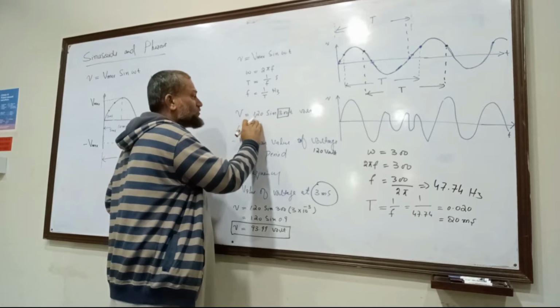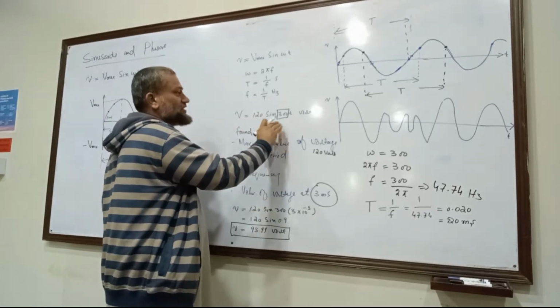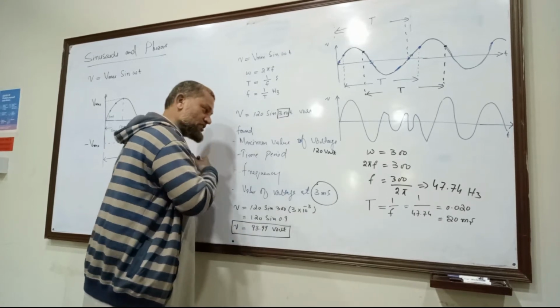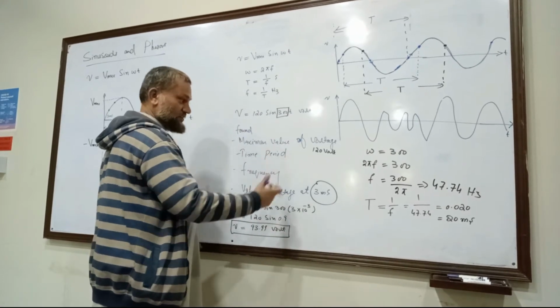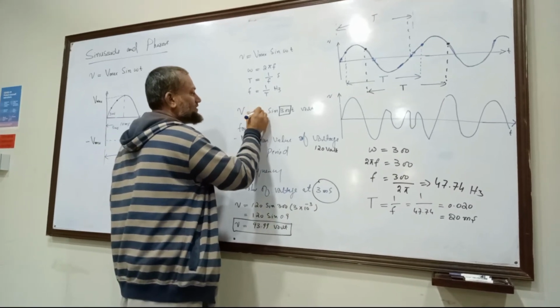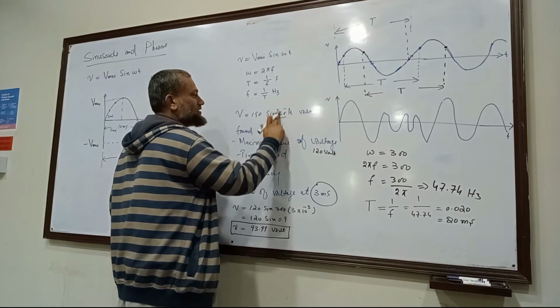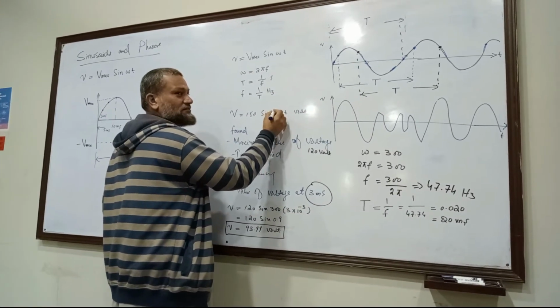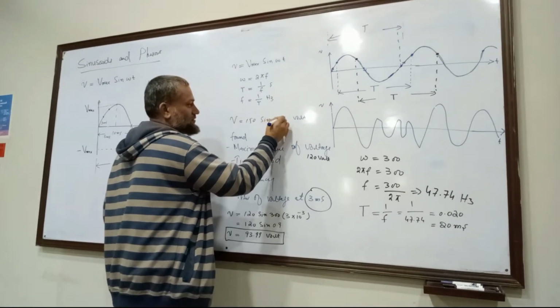I just took 120 for Vmax and 300 for omega, and I just say, calculate the values for these. If you change this to, for example, 150, and for this one how much should I take? 200.